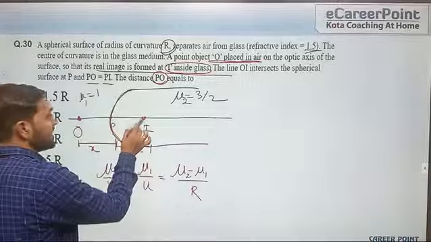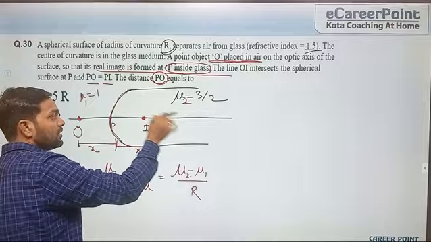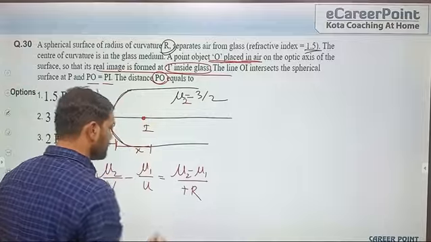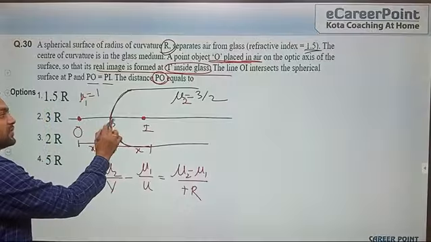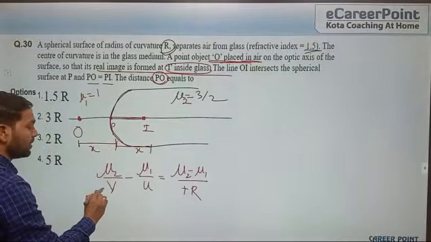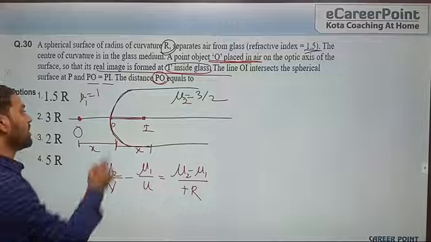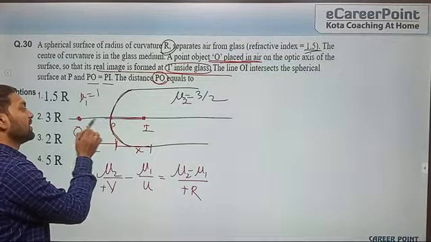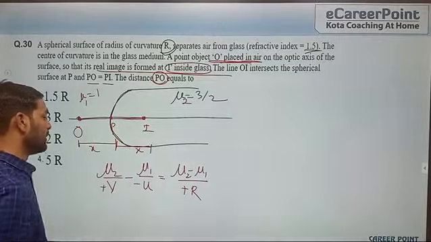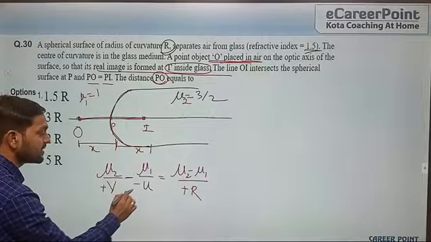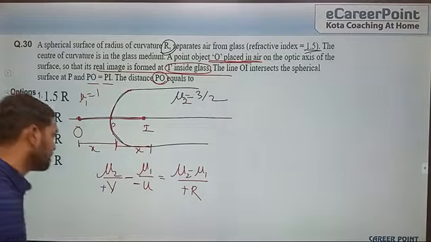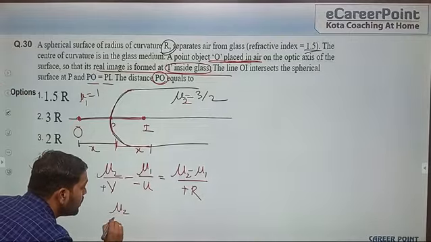So the radius is positive. The image is formed here, so that is positive, and the object is here, so for that reason we need to take negative. So here we have minus, here also minus, so let us take place here. So mu2 by V.